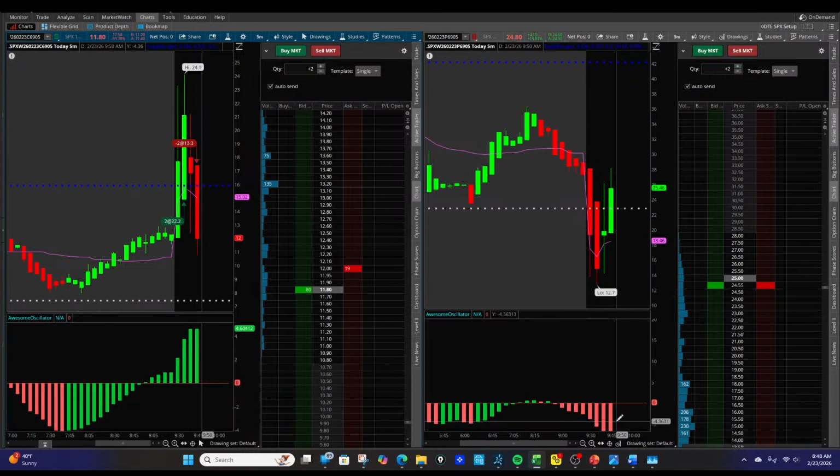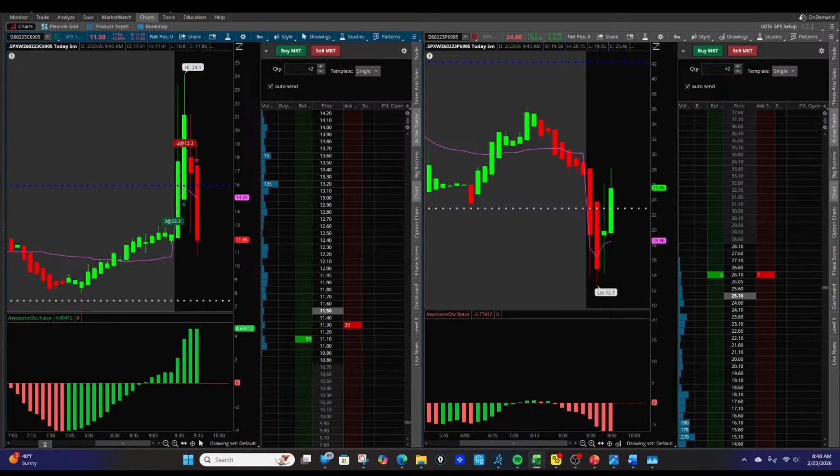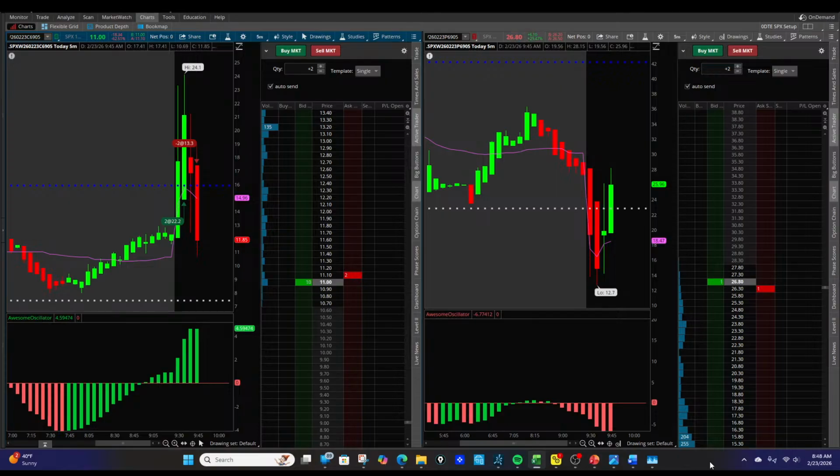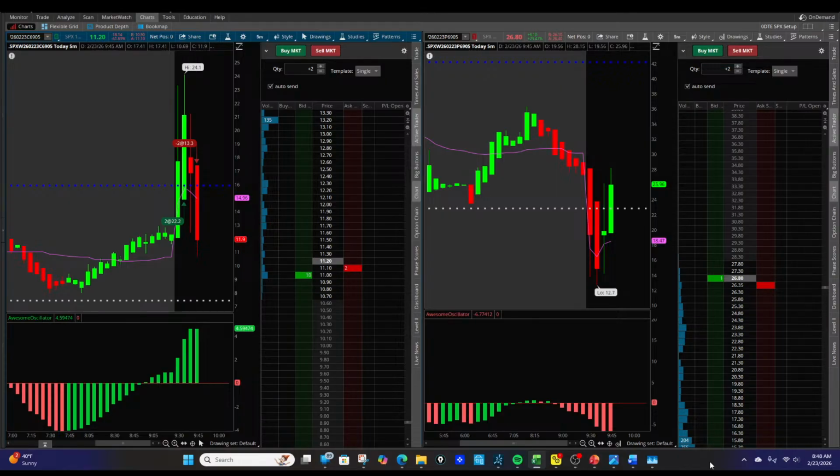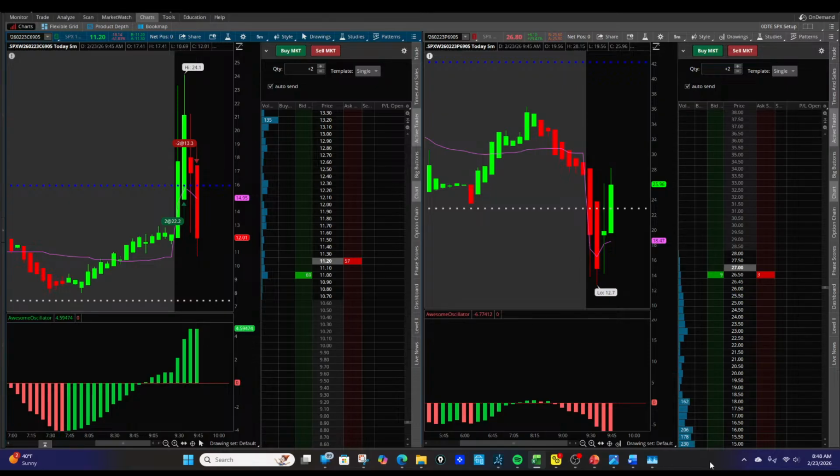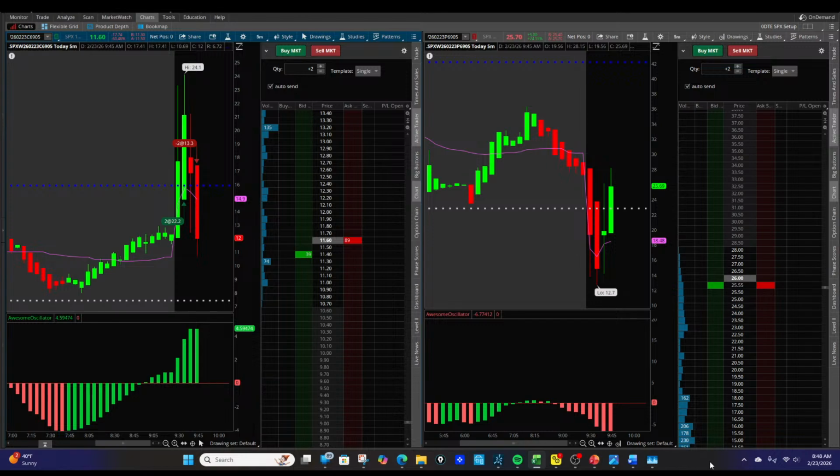The first green bar with a green candle is usually a good time to buy. That's not always the case, but we shall see. We get our next candle in about a minute, so we'll see kind of what happens.